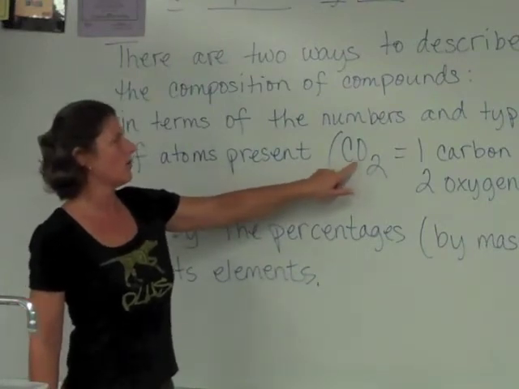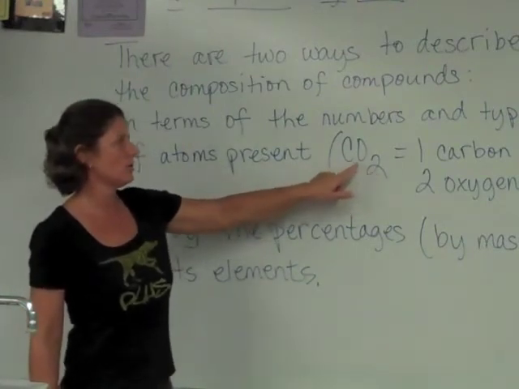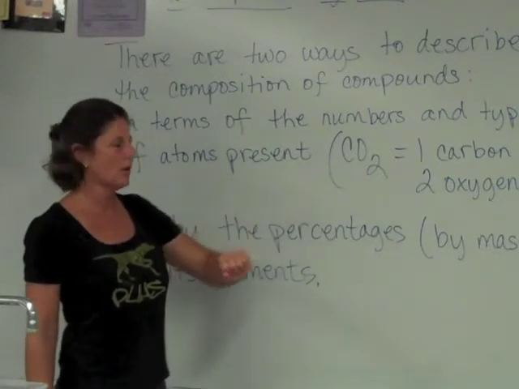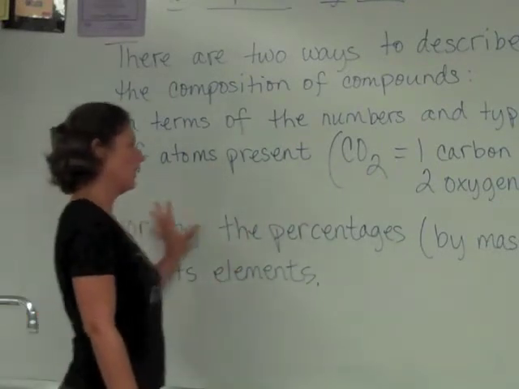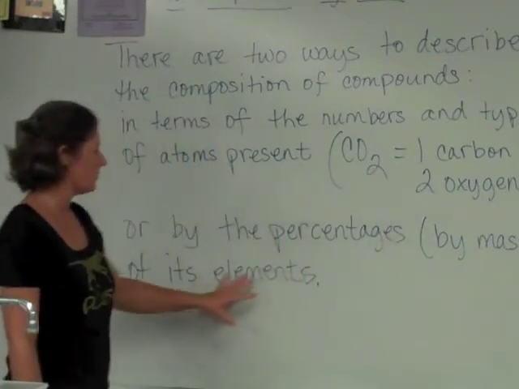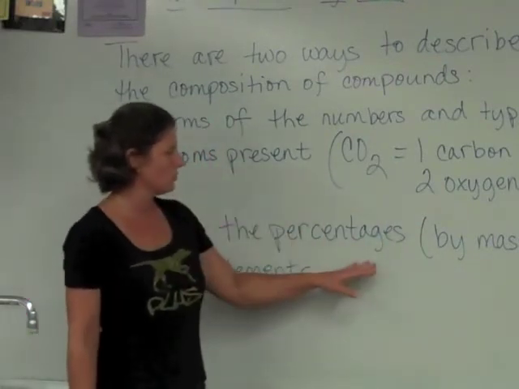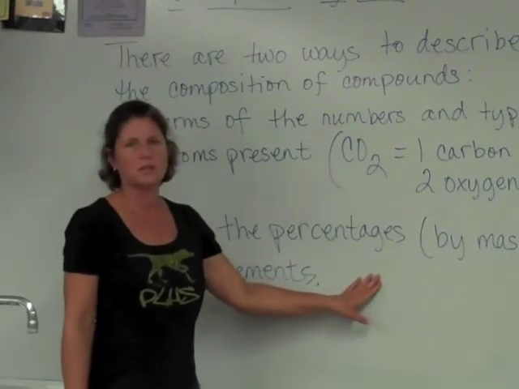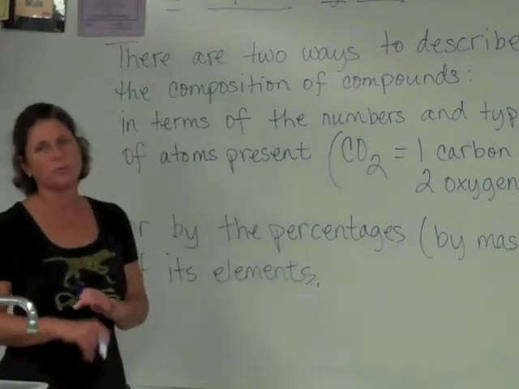What are the ratios of atoms to one another in a compound? Okay, so today we're going to talk about how we figure out percentage by mass of the components that make up a particular compound.